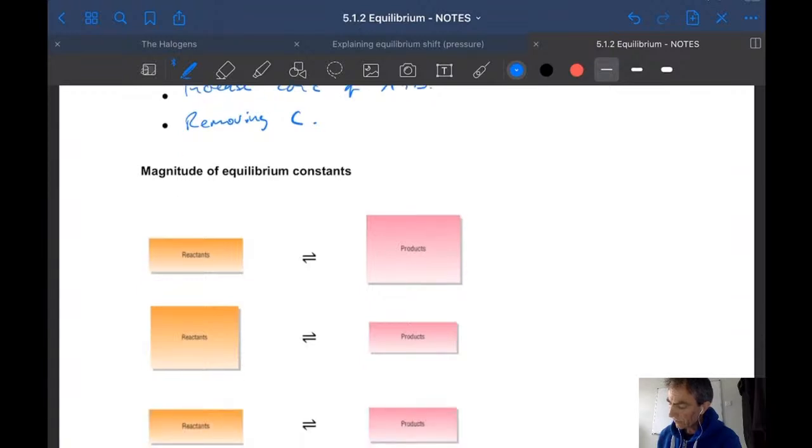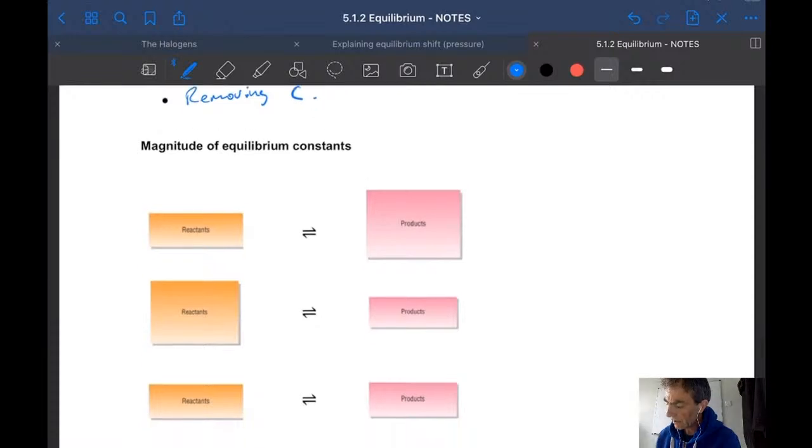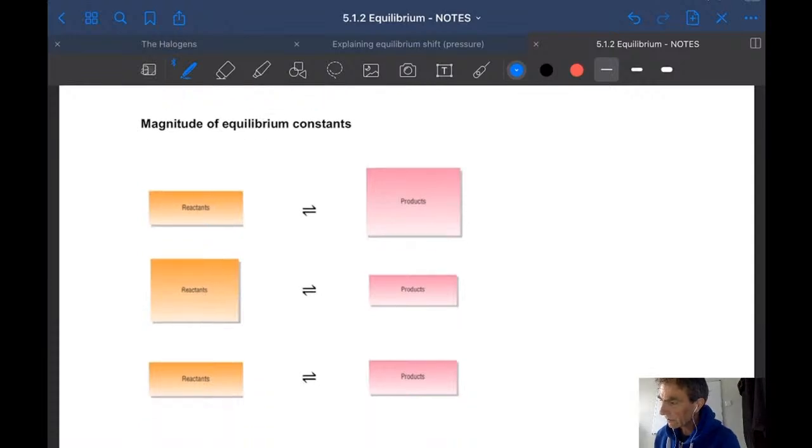Okay, so we actually did these diagrams at the start of the topic. If you remember pictorially, at equilibrium, if you've got a higher concentration of products to reactants, your Kc value would reflect that by being greater than 1. If it was the other way around, with reactants at a higher concentration than products, Kc would be less than 1. And if they are the same, Kc would equal 1.